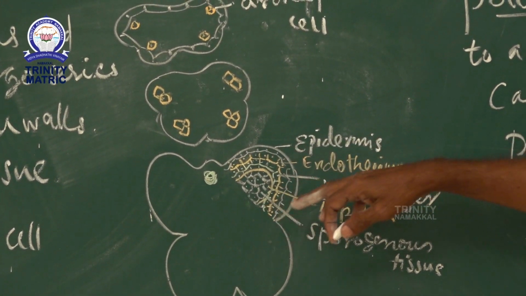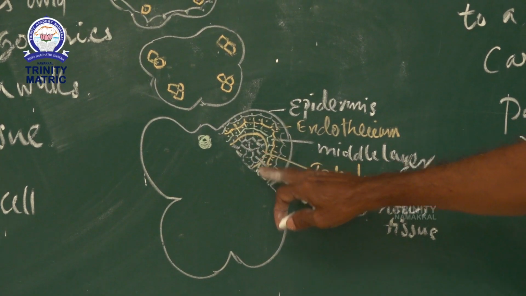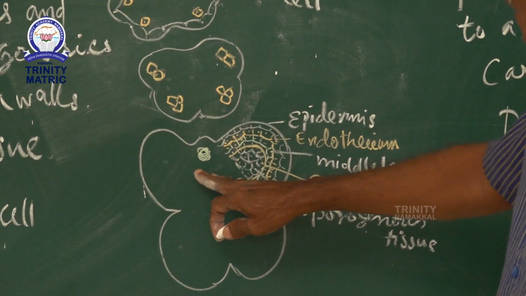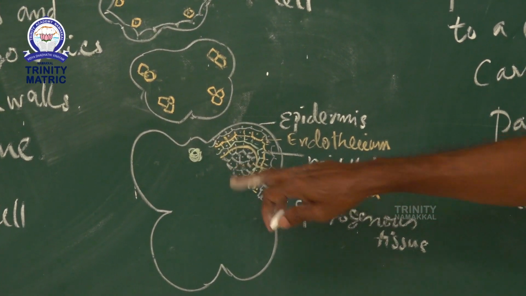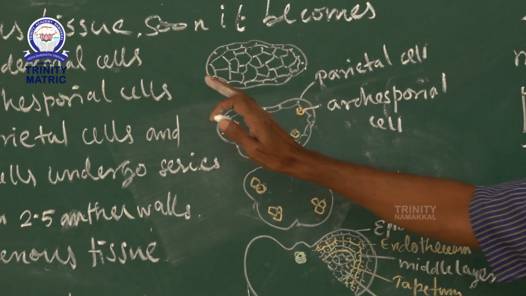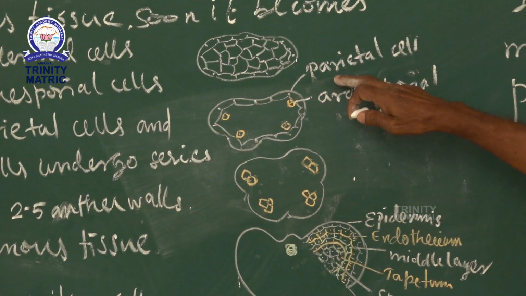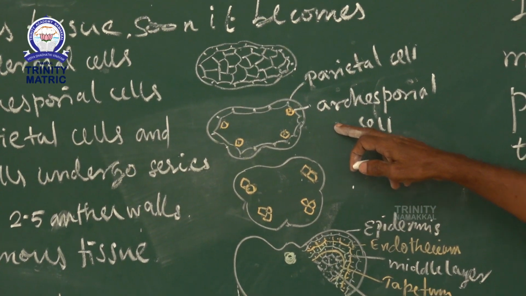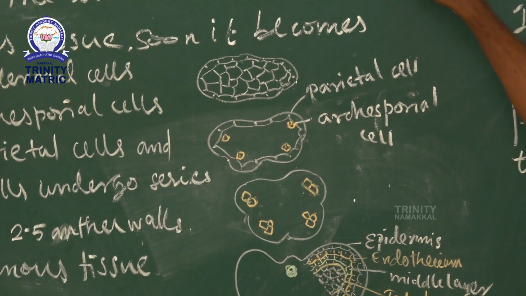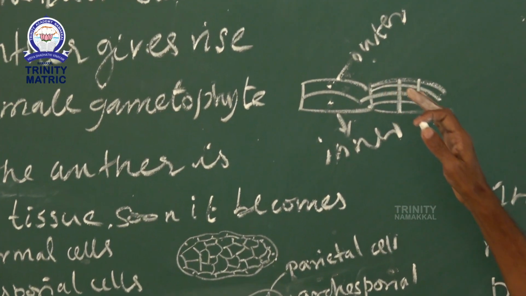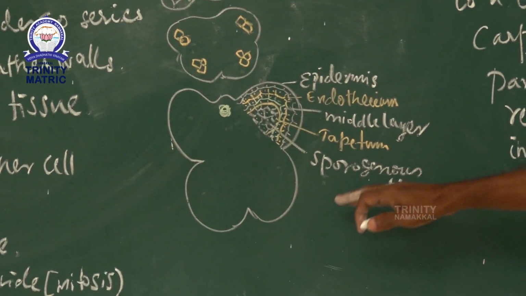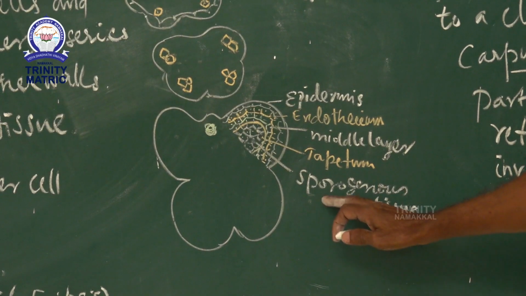The primary sporogenous cells give rise to sporogenous tissue. So initially a mass of parenchymatous cells is differentiated into outer parietal wall and inner archesporial cells. The archesporial cells divide anticlinally and periclinally and give rise to sporogenous tissue, which forms the microspores.